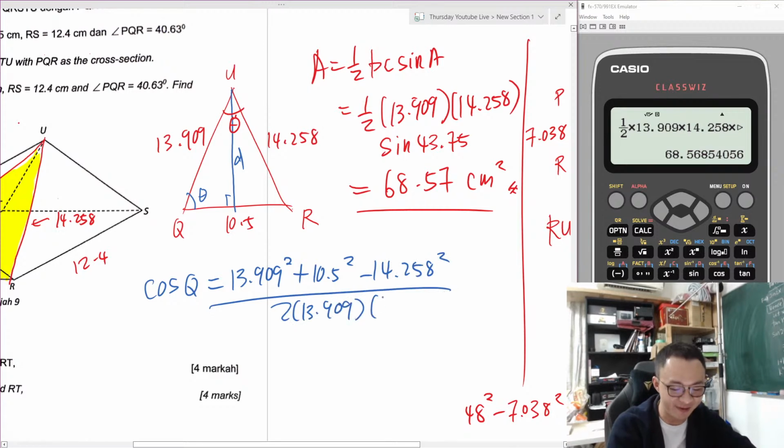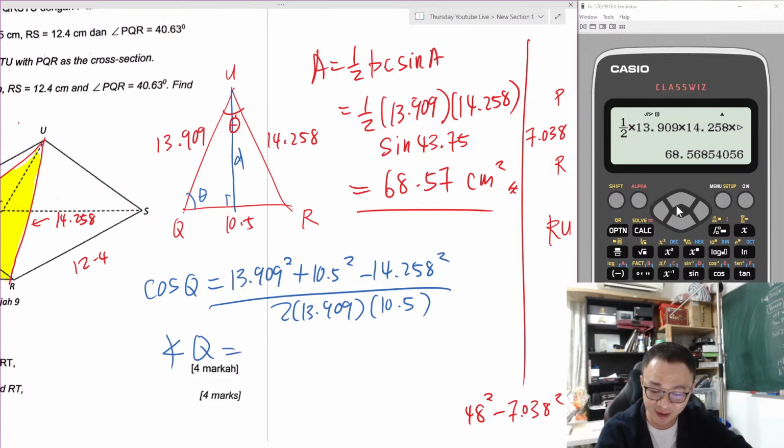Basically I use back the same formula, just different lengths. Then I can get my angle Q by shift cos fraction. Let me type everything again. I hope I didn't type wrong, or else I might need to redo the whole thing.